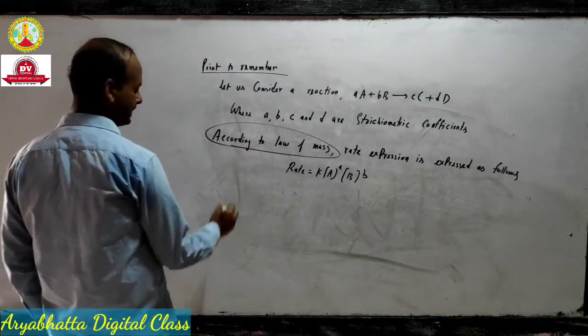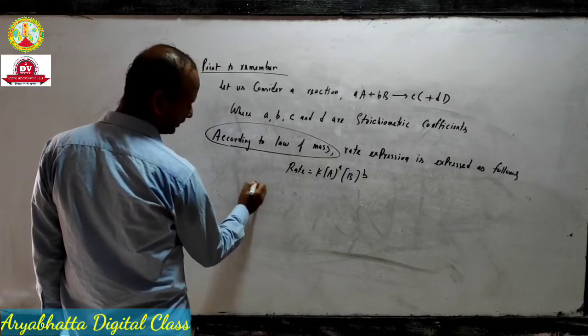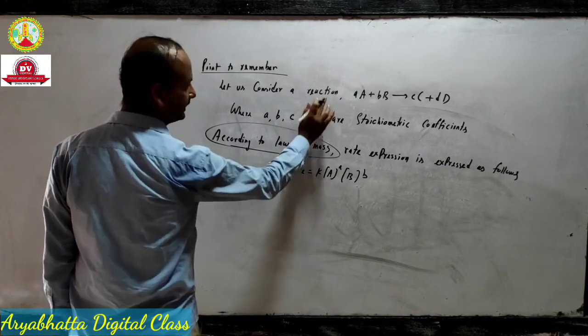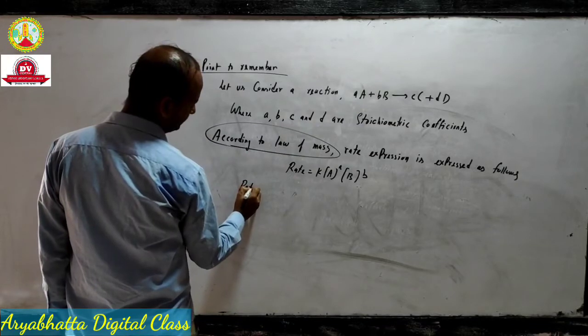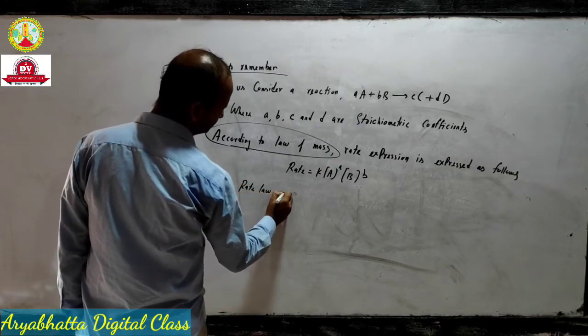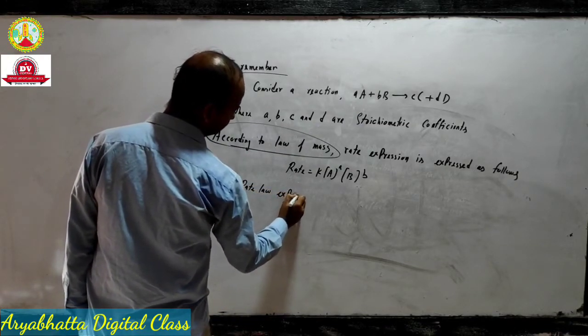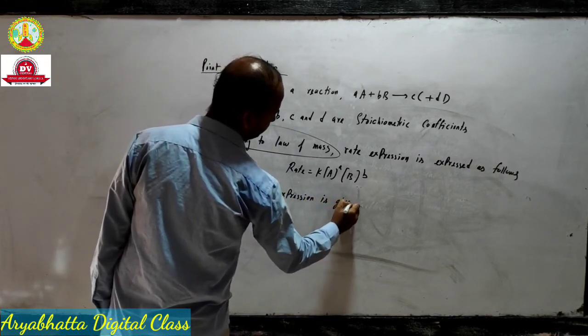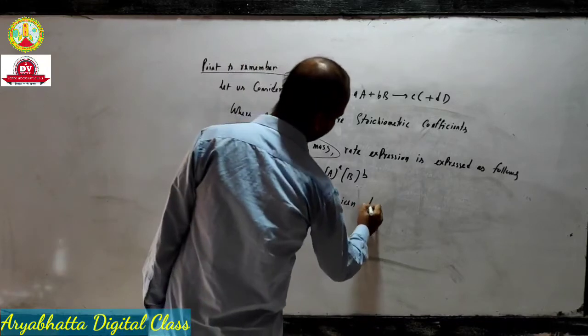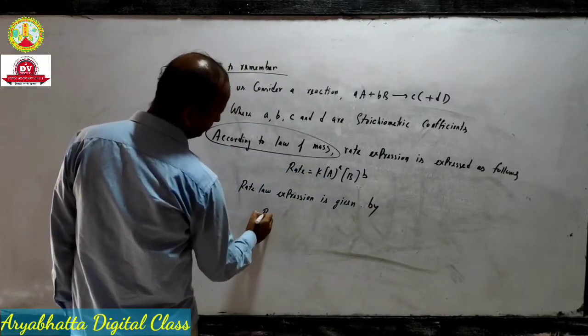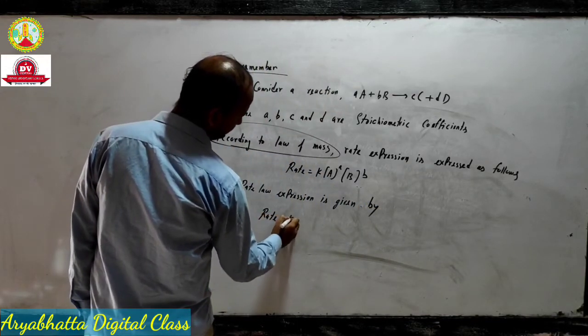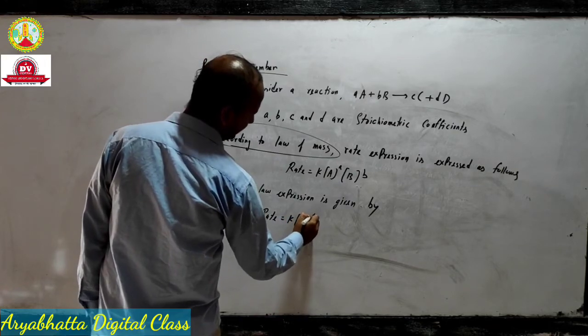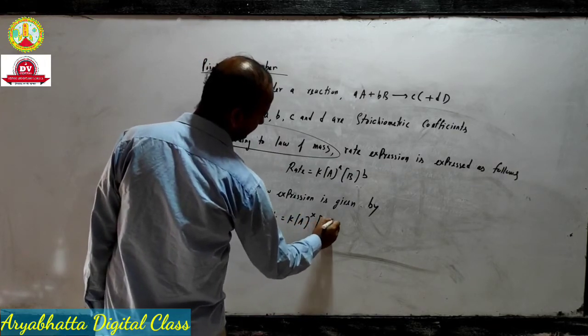But the rate law expression for this reaction is given by rate equal to k [A]^x [B]^y.